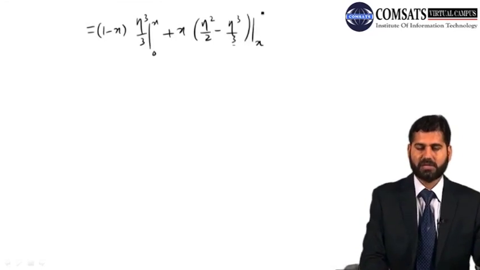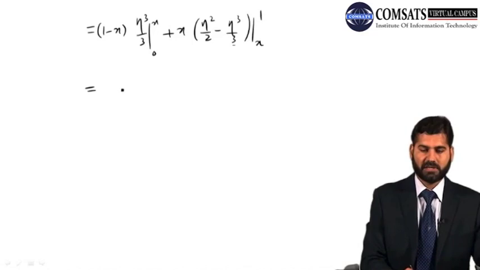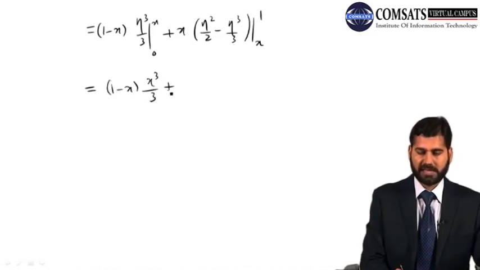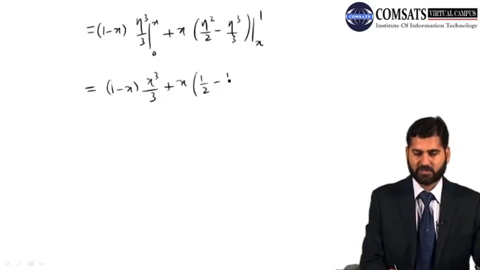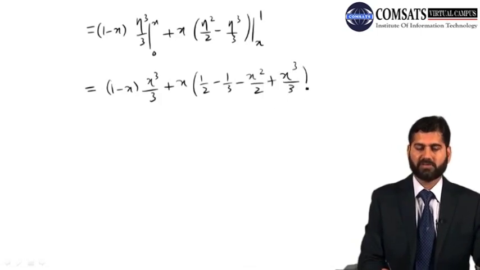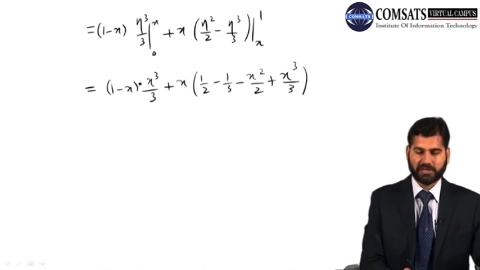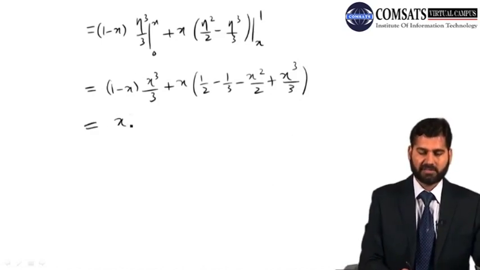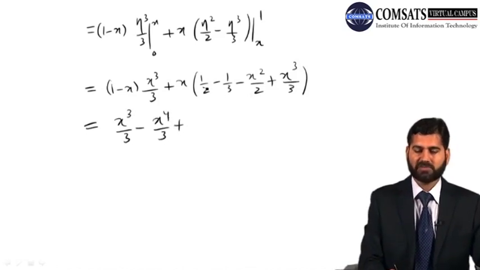From x to 1, you get 1 minus x times x cubed by 3, plus x times (1 by 2 minus 1 by 3), and minus x squared by 2 plus x cubed by 3. Now if you simplify, this is x cubed by 3 minus x⁴ by 3, plus x times 1 by 2 minus 1 by 3 which is 1 by 6, so x by 6, minus x cubed by 2 plus x⁴ by 3.